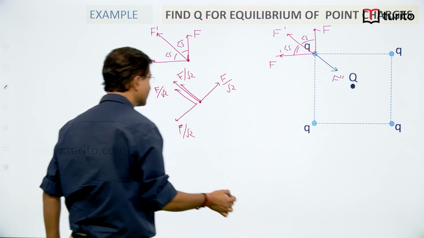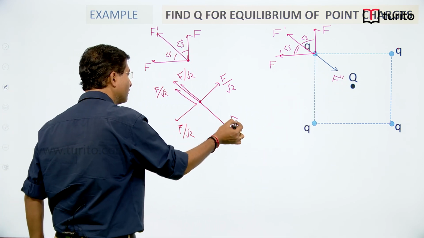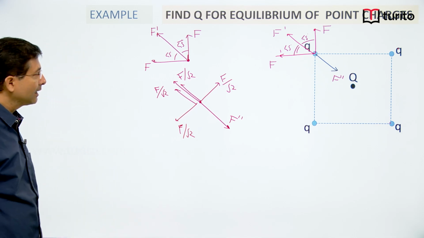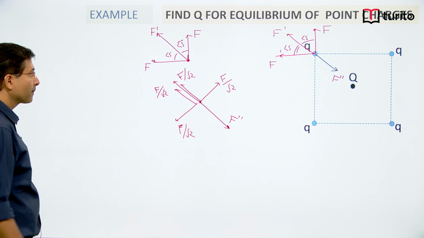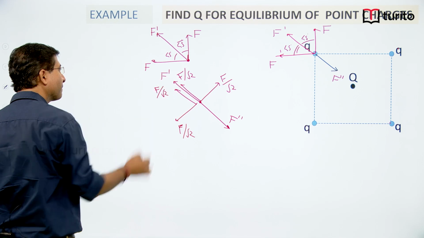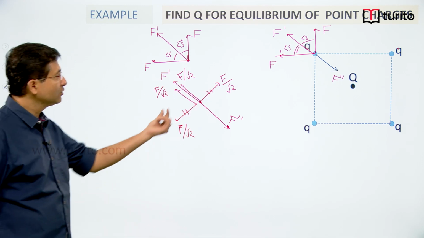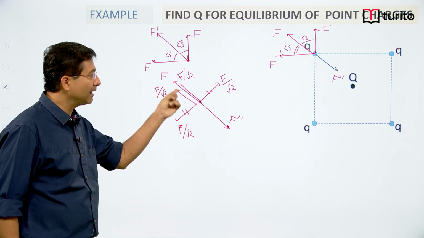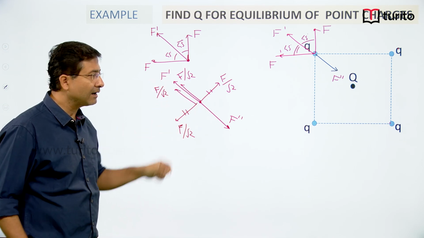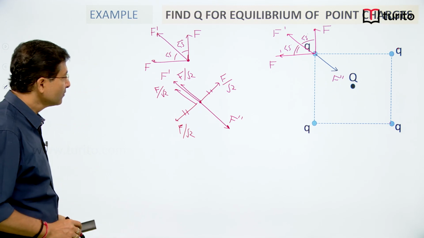And this one is F double dash. As you can see from the diagram, these two will cancel each other, these all will get added, and that must be equal to this F double dash.